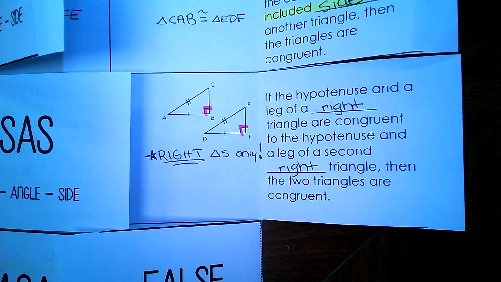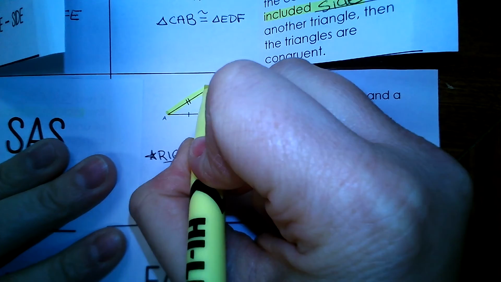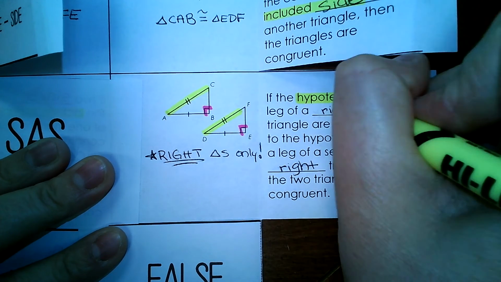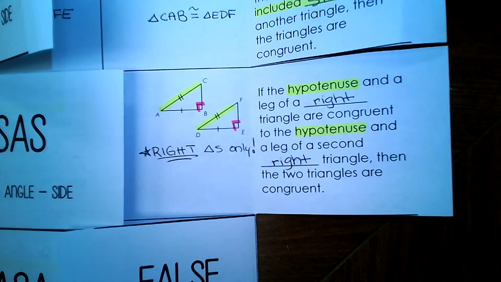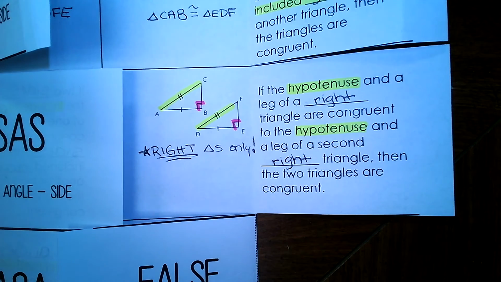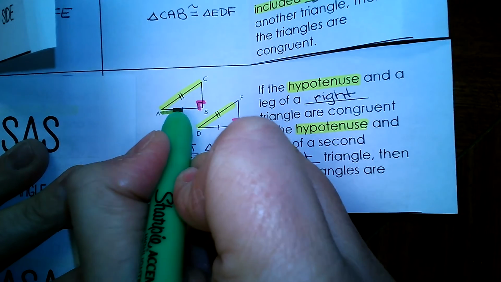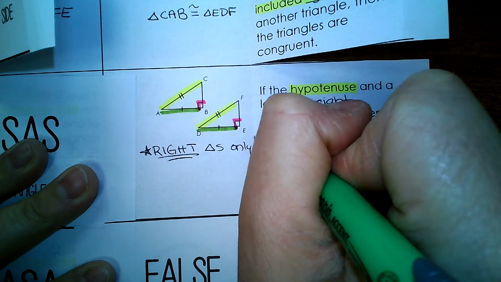So let's highlight it out here. We've got a hypotenuse, AC, congruent to another hypotenuse. So remember, hypotenuse is the one that's across from the 90-degree angle. If it's congruent to each other, as well as a leg congruent to another leg. Now remember, a leg, where's that?